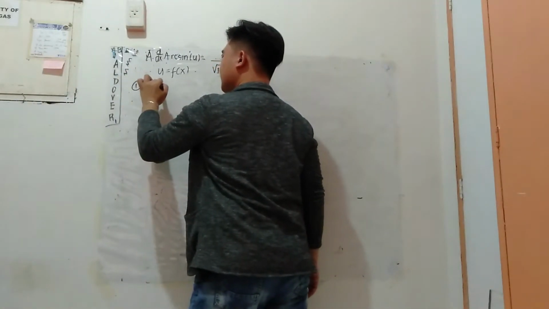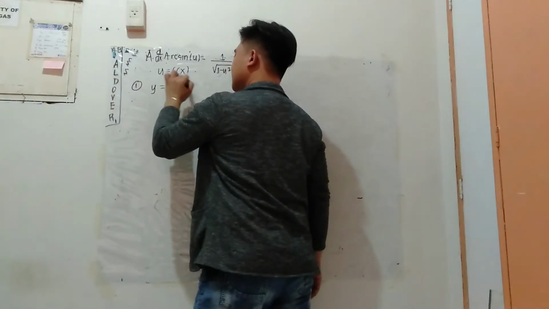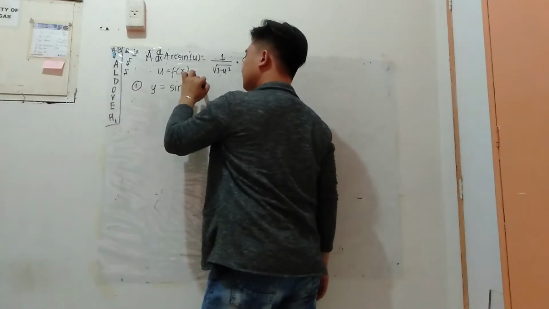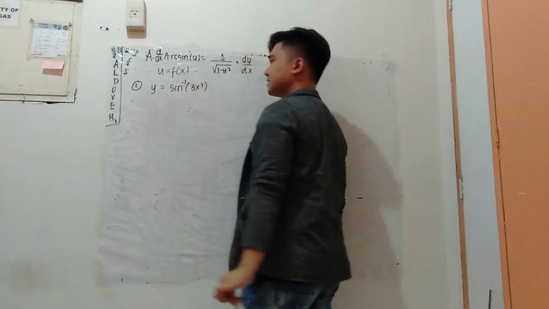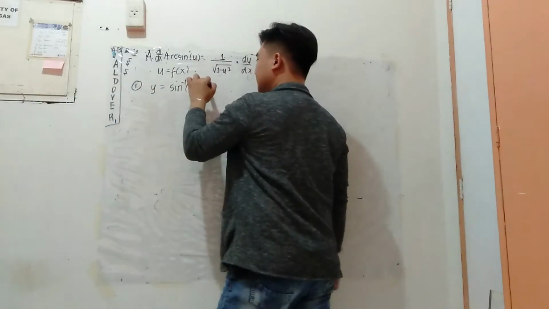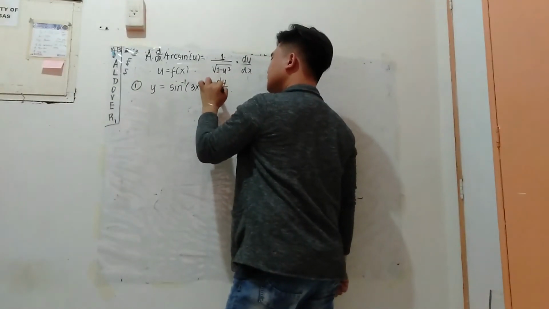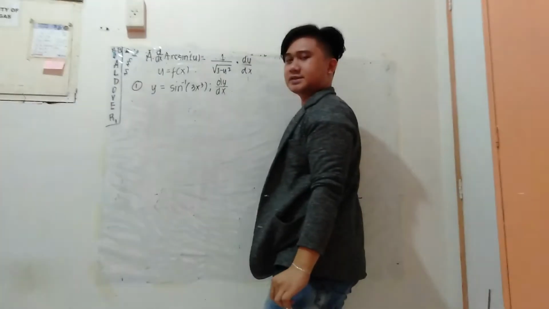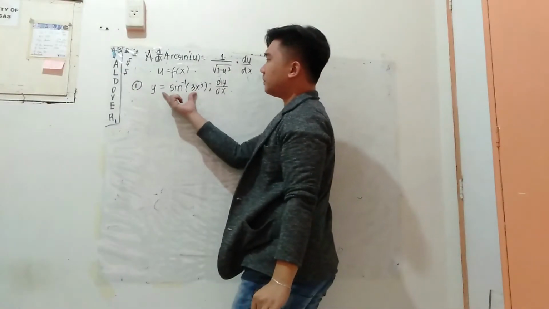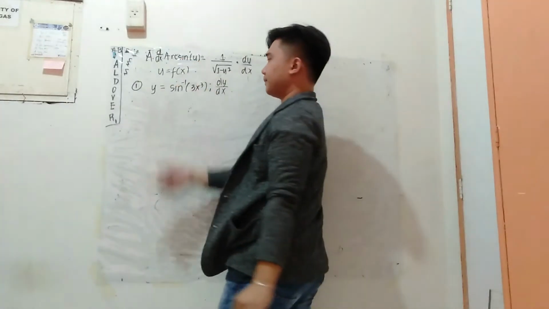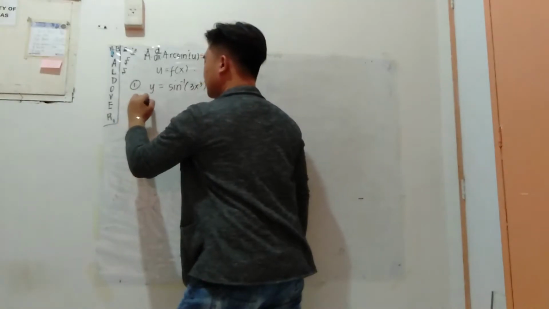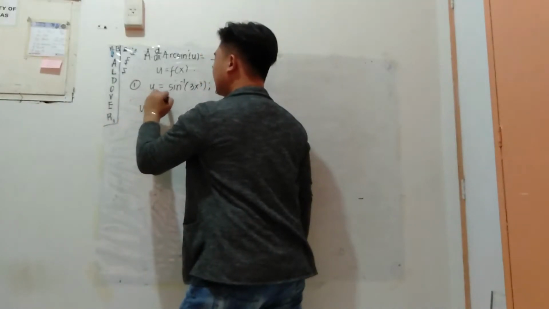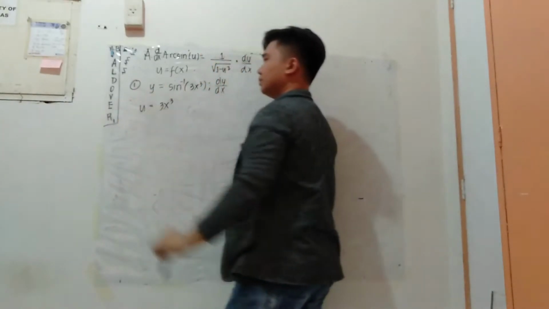Okay? So, let's have our example. If y is equals to arcsine of 3x cubed, find derivative of y with respect to x. So, para madali, pagmukhain mo tulad nito. So, u is equals to 3x cubed.